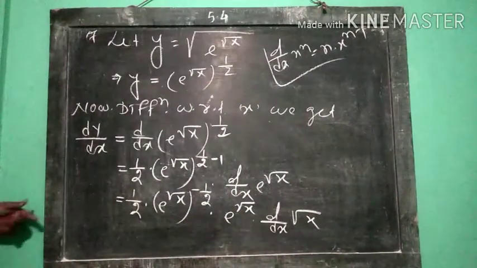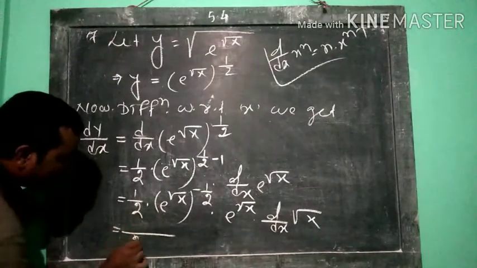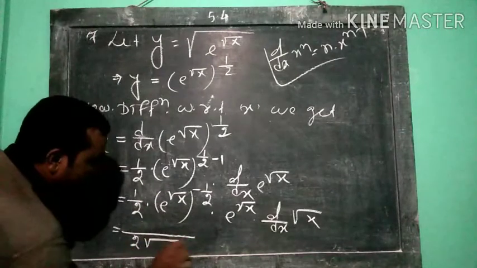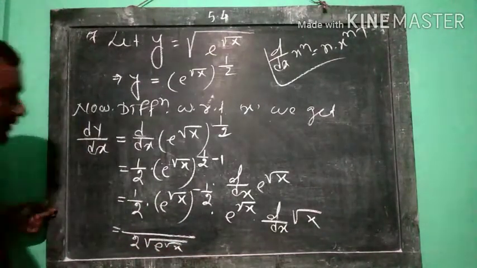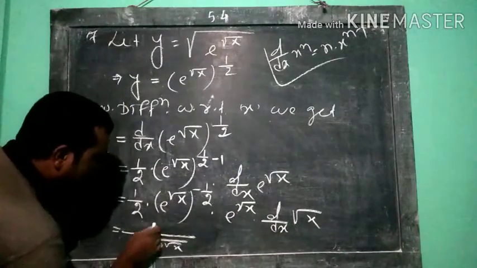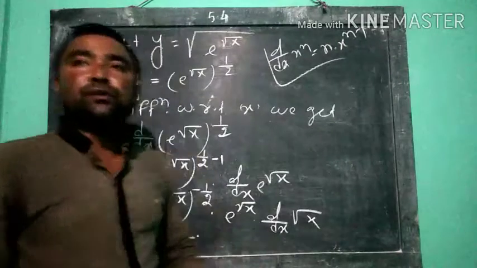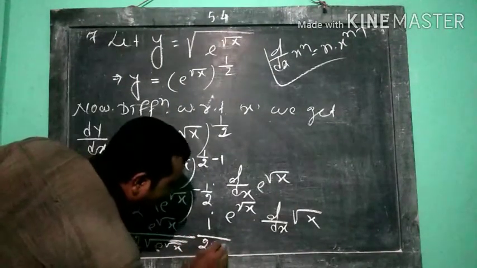So this is equal to 1 by 2, and this can be written as the square root of e to the power x into e to the power root x into d/dx of root x. We know the formula: d/dx of root x is 1 by 2 root x.